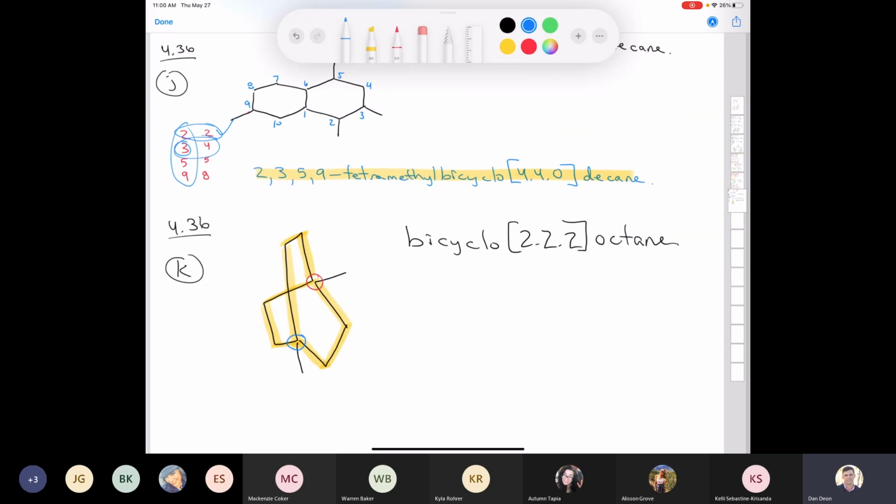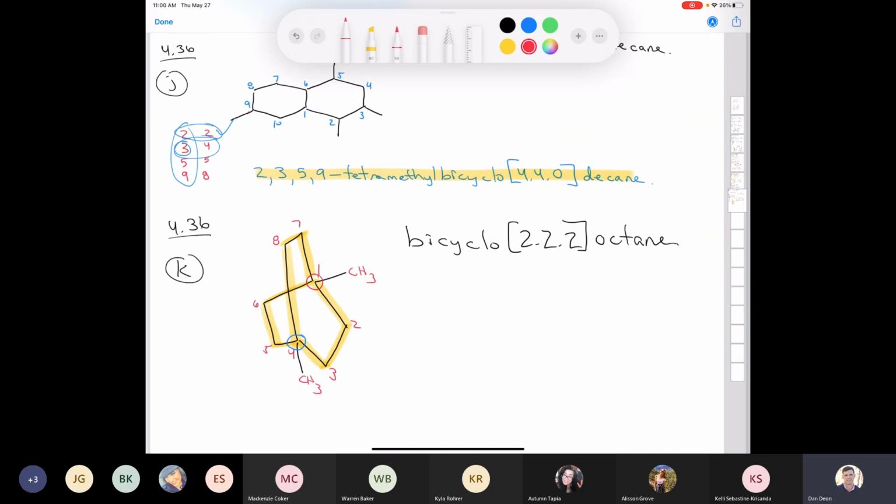It doesn't matter because it's a symmetrical molecule, right? There's a plane of symmetry down the molecule. So I can start here and I can say 1, 2, 3, 4, 5, 6, 7, 8, like that. Works totally fine. So I've got a 1,4 dimethyl, right? Because I have a methyl group at carbon 1 and I have a methyl group at carbon 4.